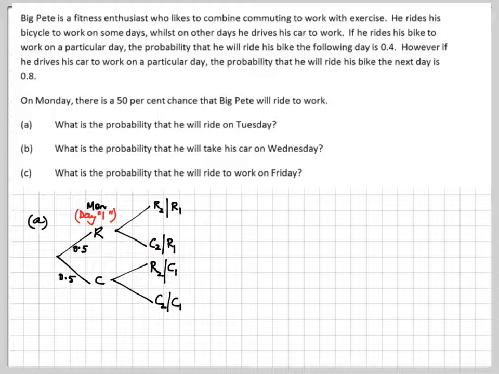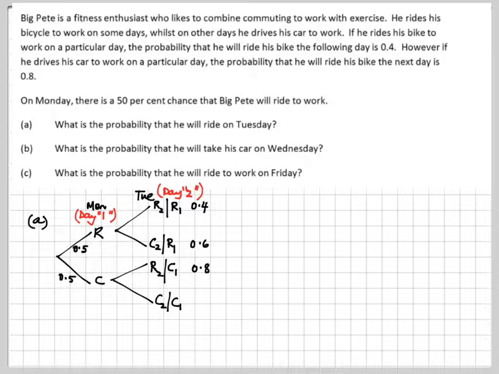We've got car 2 given that he rode on day 1, and then we've got riding on day 2 given that he took the car on day 1, and car 2 given that he took the car on day 1. Now we can write those probabilities in. That's day 2. 0.4 is what we were told, and that one there must be 0.6 because they've got to add up to 1. After all, he either rides or he takes the car. There is no other possibility, so that has to add up to a total probability of 1. All right?